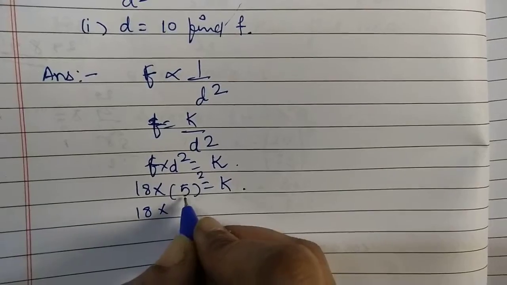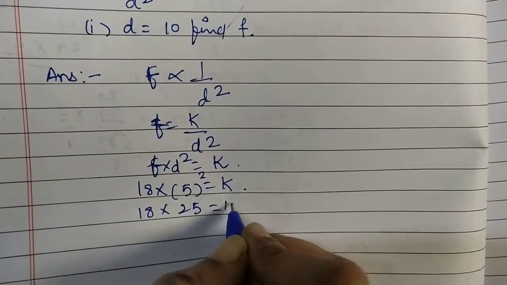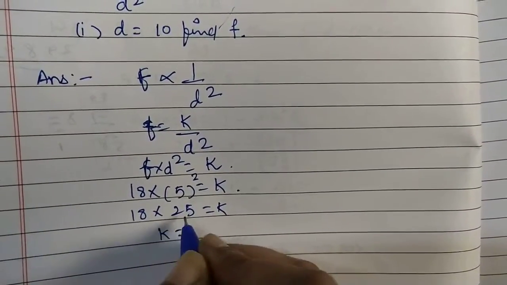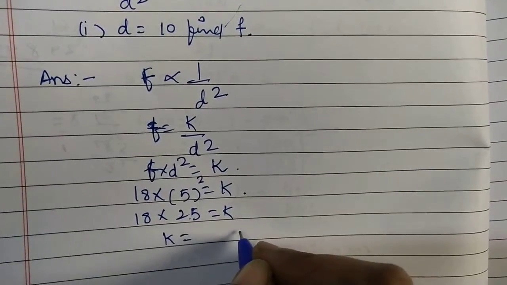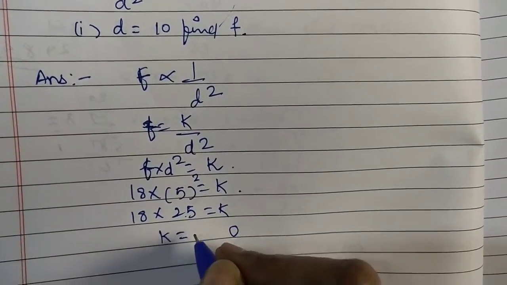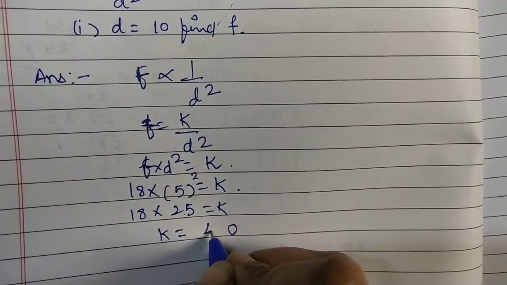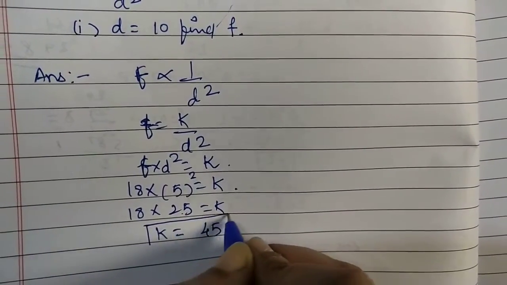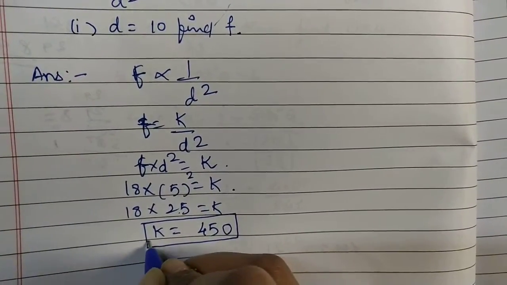So 18 into 25 equals k. Multiplying this, 25 8s are 200, carry 20, 25 1s are 25, 25 plus 20 is 45. So the value of k is 450.